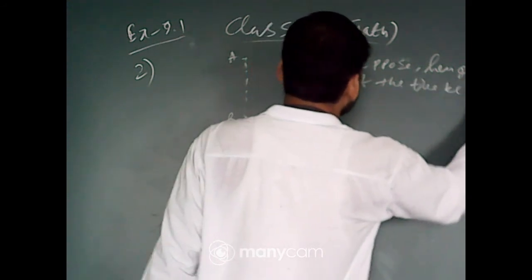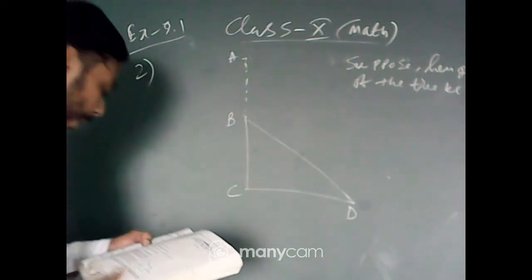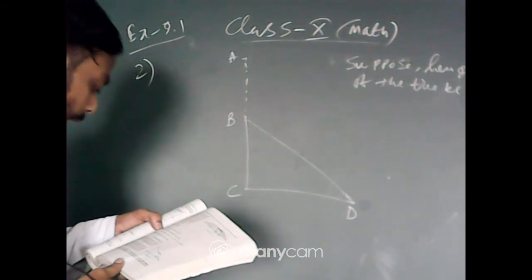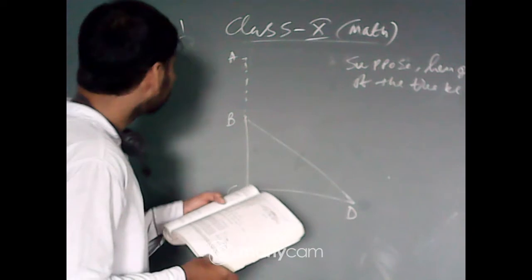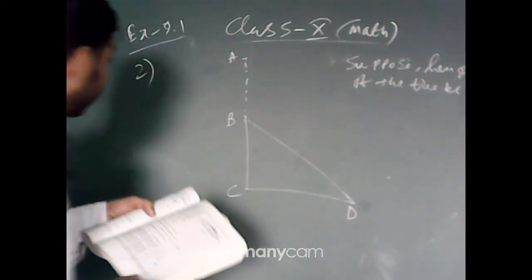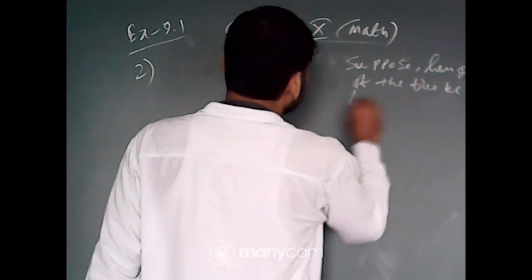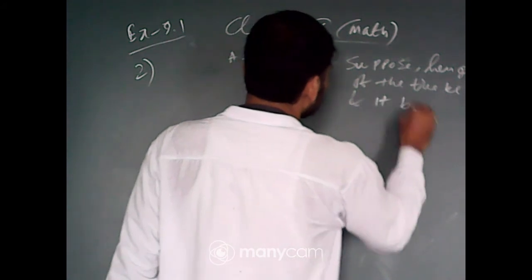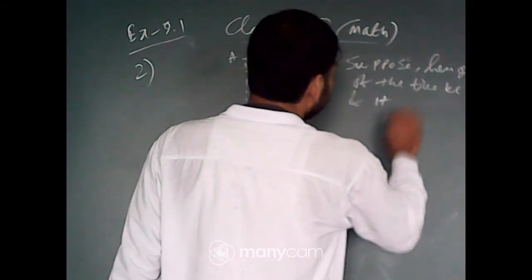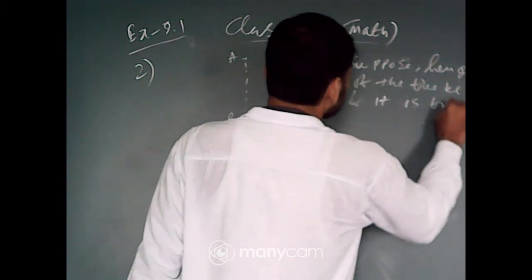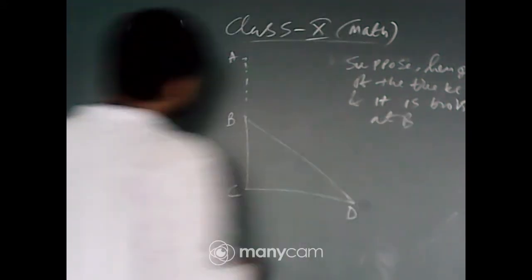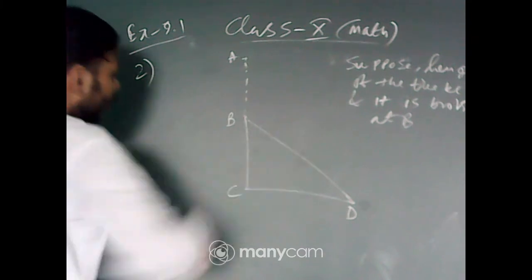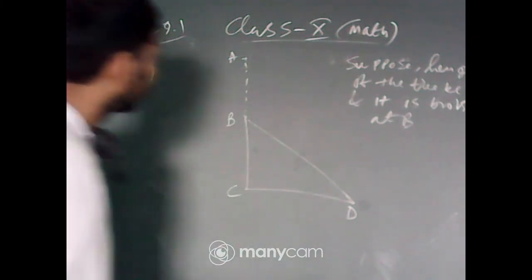And it breaks at B. Or you may write it is broken at B. So the portion AB is equal to BD.